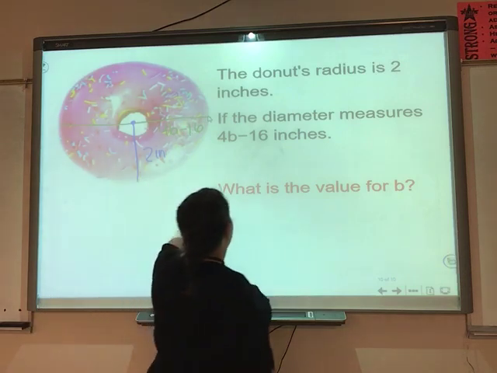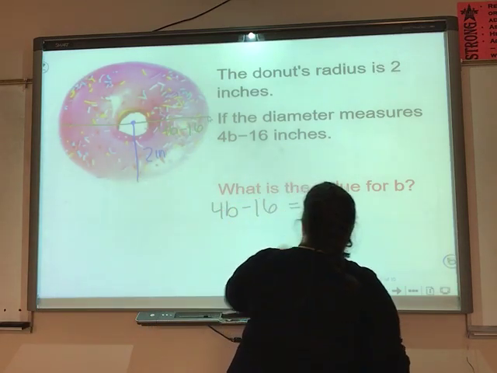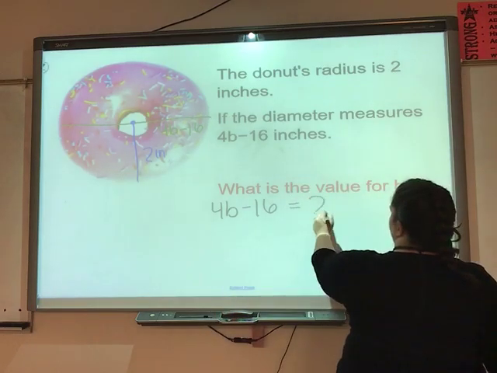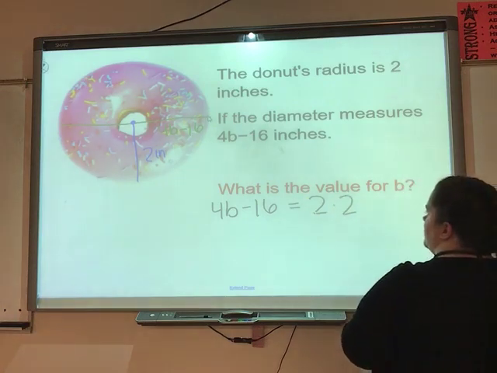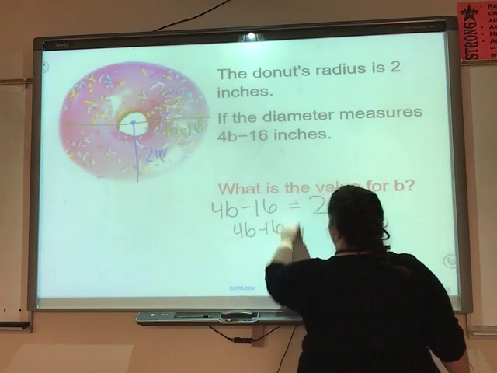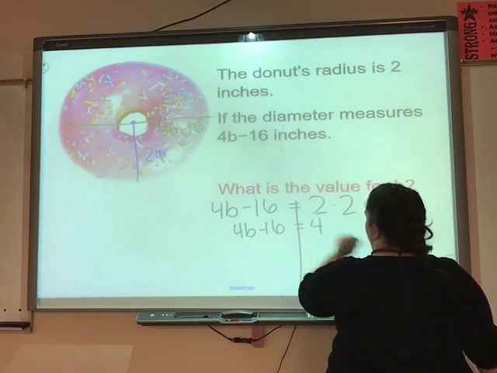So I'm going to put 4b minus 16 on one side of the equal sign. I know that that's a diameter, so it has to be 2 times the radius. Well, the radius is 2. So I'm going to have 4b minus 16 equals 4.